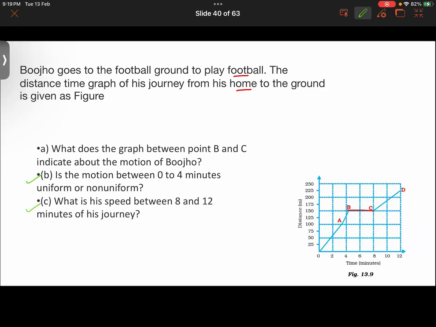What is the speed between 8 and 12 minutes of his journey? 8 and 12 minutes. You have to find the difference here. Remember that. Can we have a second? Sure, take your time.